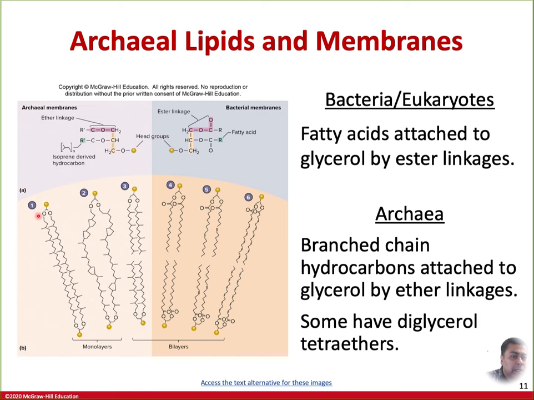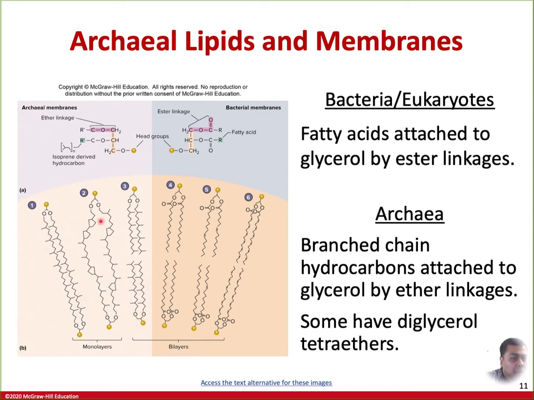You can see that right here, O and O. So this is an ether linkage 1, and this is another ether linkage 1. So 1 and 2, this is at one end. This is 1 and 2. So right here, these two O's are the two ether linkages in this molecule. So this molecule is a diglycerol diether.